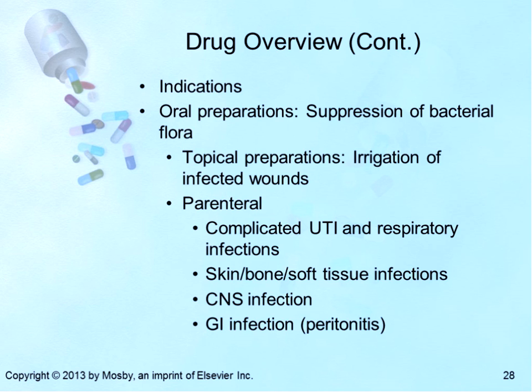So what are their indications? Orally, they're only indicated for the suppression of intestinal bacterial flora. This is often used preoperatively. Topically, they're used for irrigation of infected wounds, and parenterally, they're used for complicated UTIs, complicated respiratory infections, skin, bone, and soft tissue infections, CNS infections, and GI infections such as peritonitis.